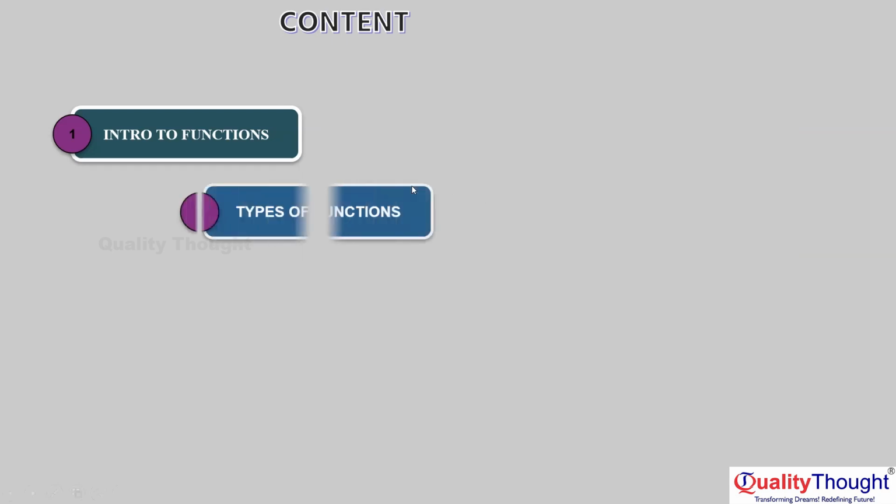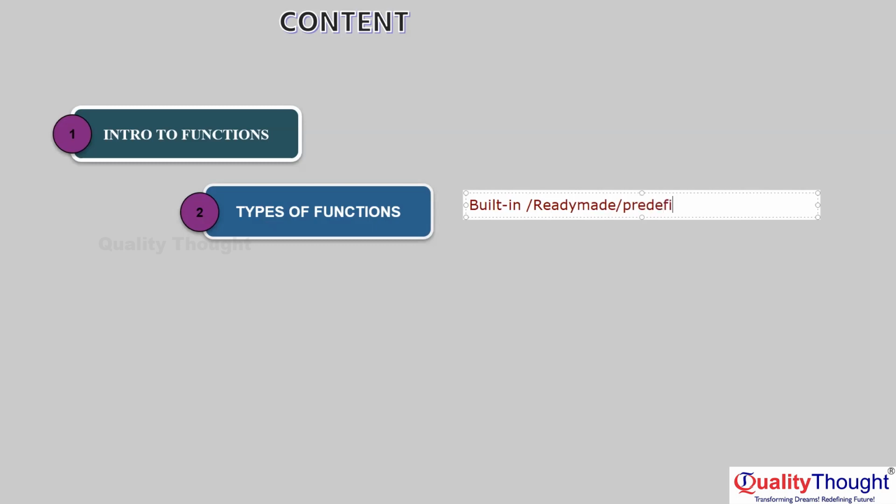Now coming to types of functions. Basically, there are two types of functions, in any programming language you take. The first is built-in, or ready-made, or predefined functions.